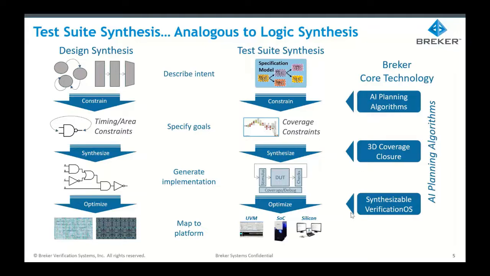And that's the synthesizable verification OS. This is Breker specific, of course, because mapping to UVM or to a simulation, we do need the hooks into those platforms. So we provide everything, and we can take tests all the way from UVM to the silicon to the post-silicon production.